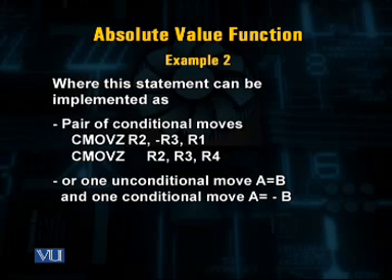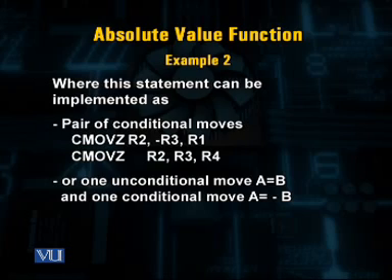Similarly, the second conditional move instruction, C move Z R2, R3, R4, replaces the contents of R2 by the contents of R3 if R4 is equal to 0.